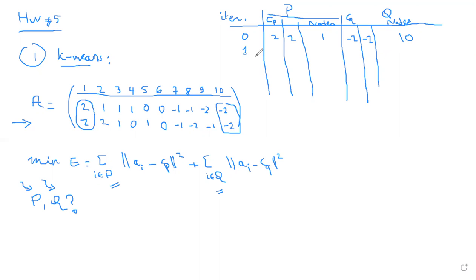Now I'll start iterating. So what is the purpose? The purpose is now to add the node which is the closest to each one of the clusters. So for the centroid of P, the closest node here is 2. So you basically get node 2, which would be added, 1, 2. And if you update now, the centroid coordinates are going to be 1.5 and 2.